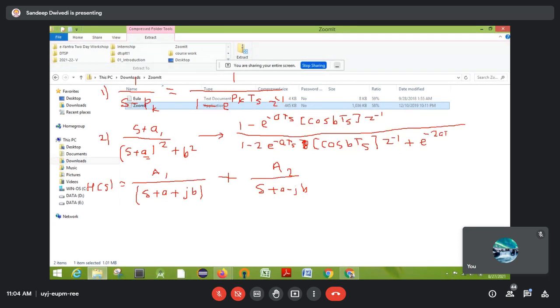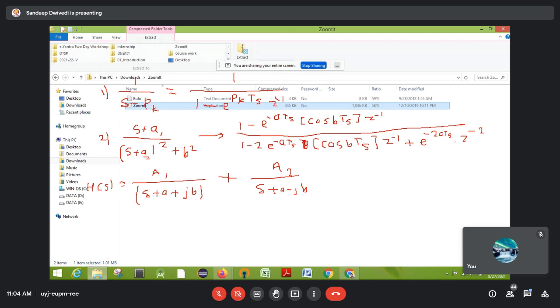If you write this formula 2 or 3 times, you will easily be able to remember it. Or once you solve this, as I told you, you will easily get this value.